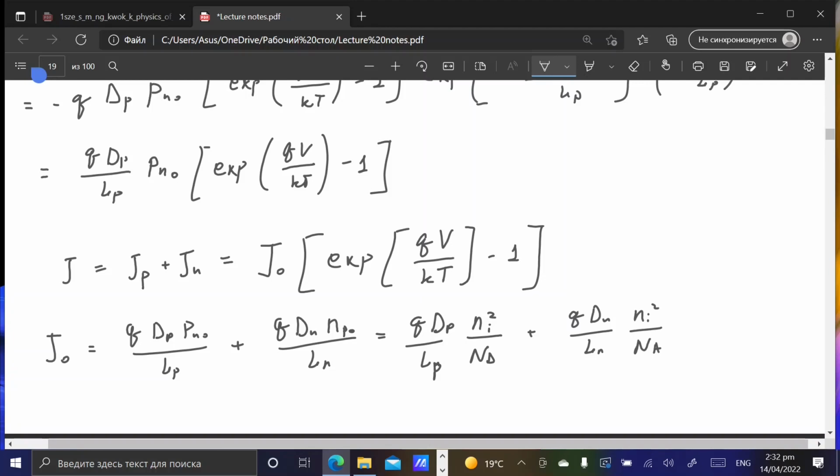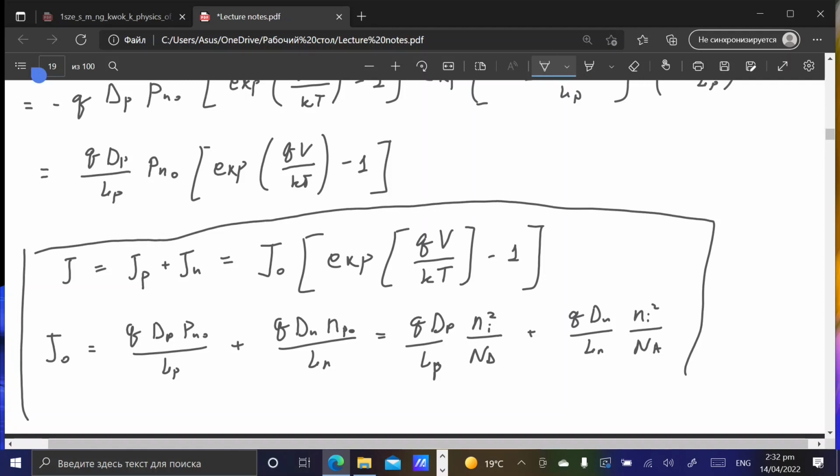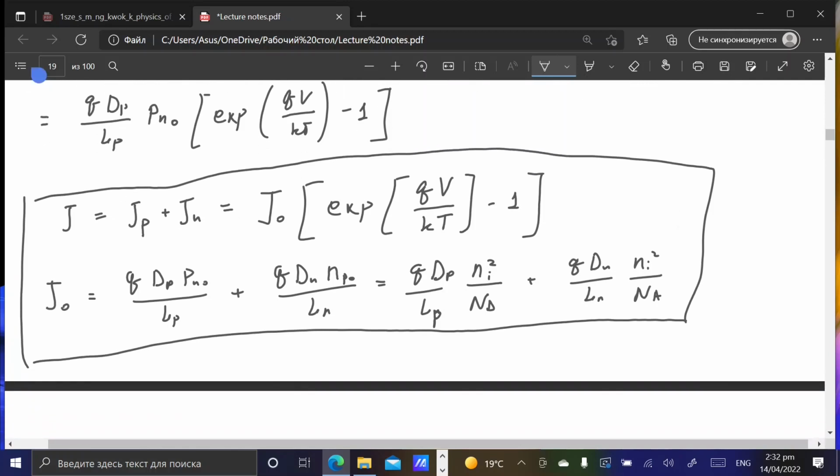So that is the expression, the so-called Shockley equation, which gives the rectifying current-voltage characteristic of a p-n junction. So what will it look like?